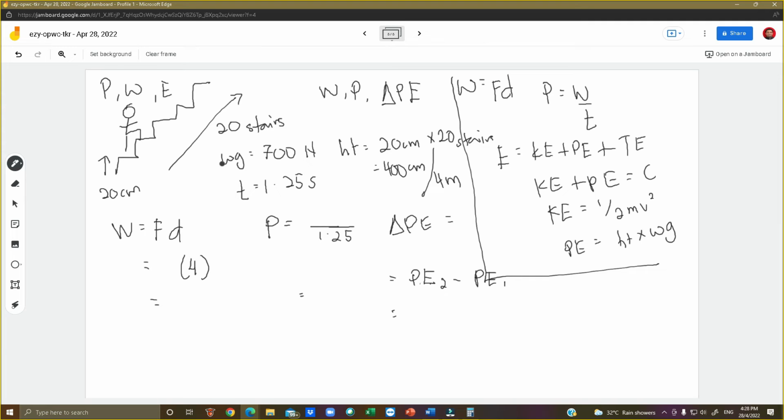Okay, berat ialah force. So force here is 700. So the work done is 2800 joules ataupun 2800 Newton meter. Either one is correct.